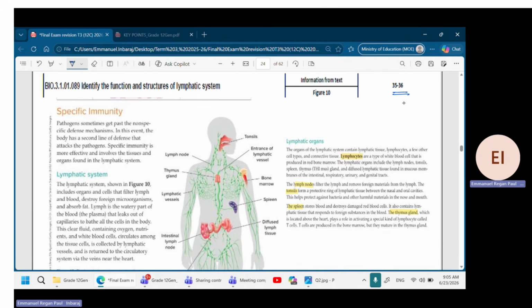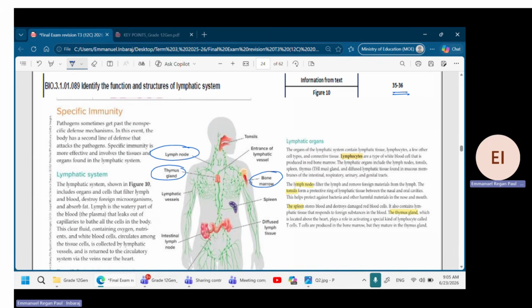Now, in this one, you need to know about this. You need to identify this. You need to learn these labels. Lymph nodes, thymus gland, which is present near the heart. Thymus gland, bone marrow.